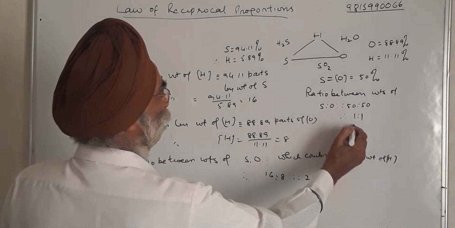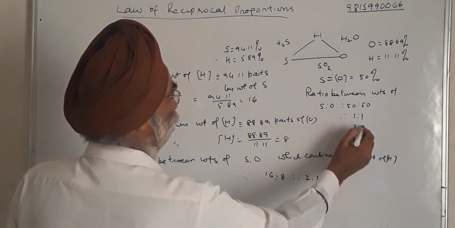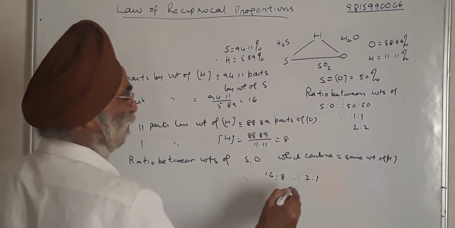Directly, the ratio is 1:1. We may make it 2:2.